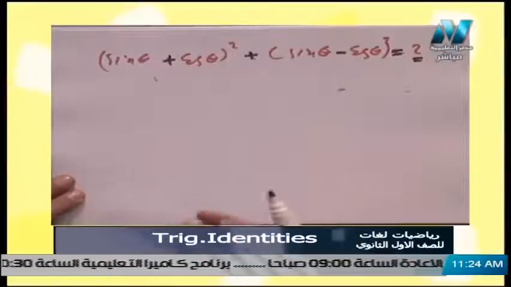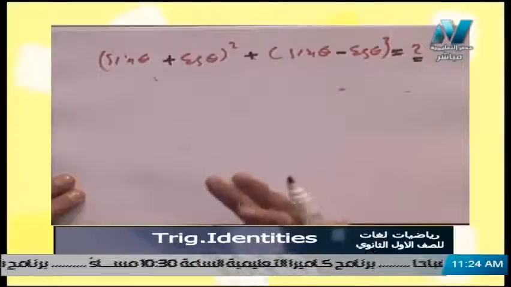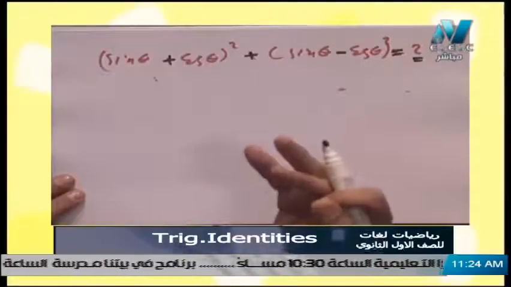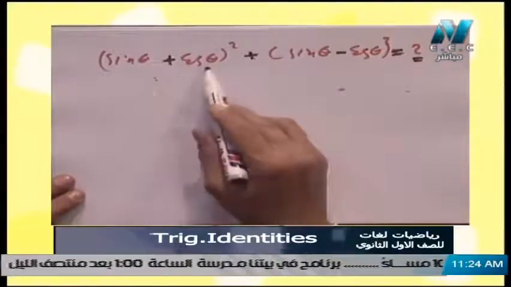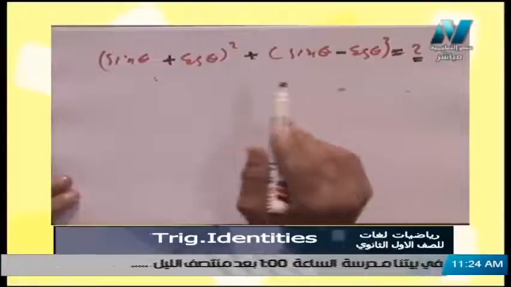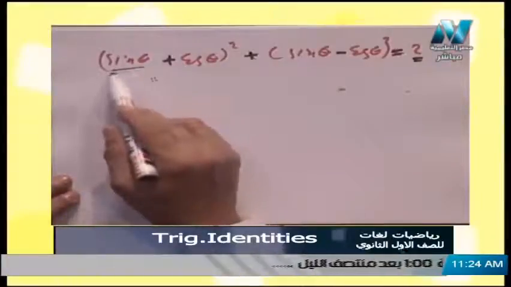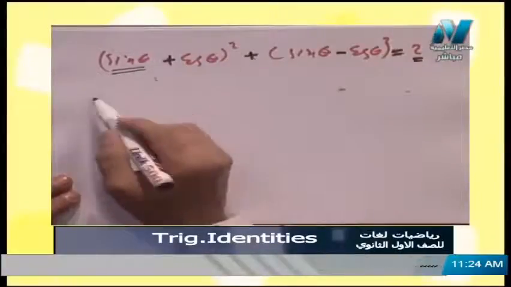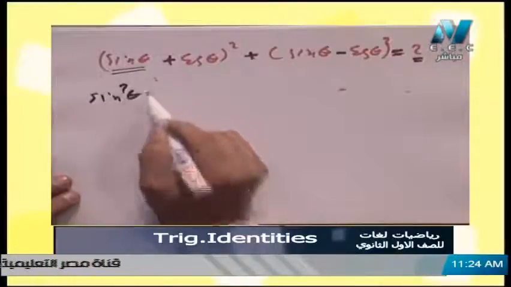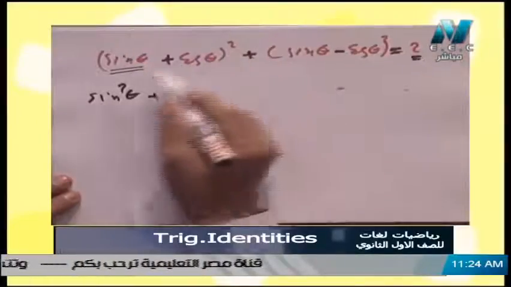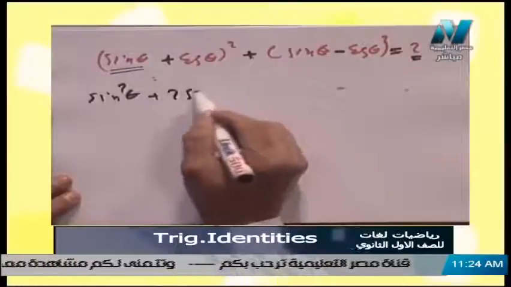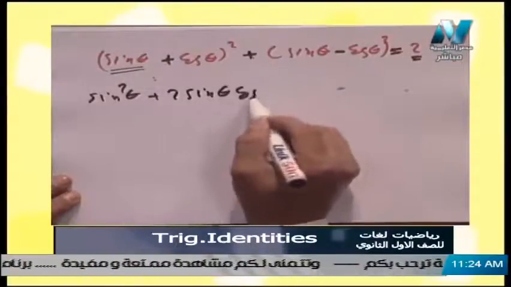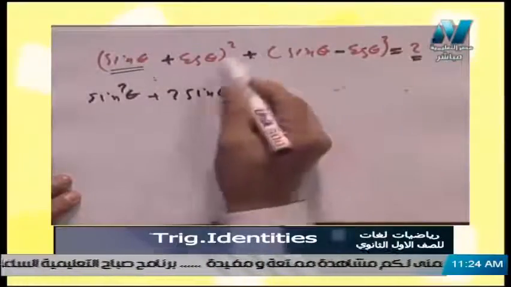The expansion of this binomial will be three terms, not 2 terms. Some of you say sine power 2 plus cosine power 2 and that's enough. No, it's wrong. So by expanding this, sine power 2 here plus 2 multiply sine multiply cosine plus cosine power 2 theta itself.